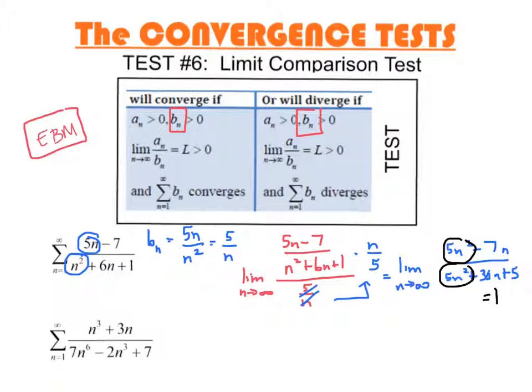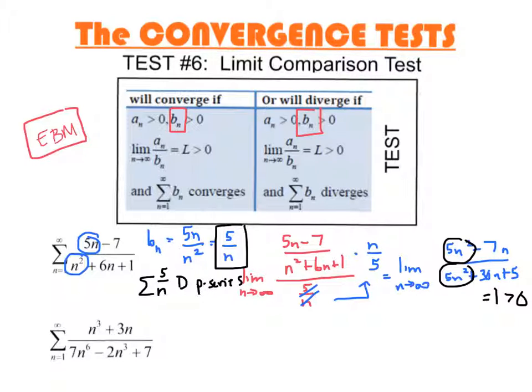And the limit's greater than 0, so we have agreement. I'm just going to write greater than 0. This may be what I should have done at the beginning, and I skipped it: if we look at this original end behavior model, the series 5 over n is a divergent P series.